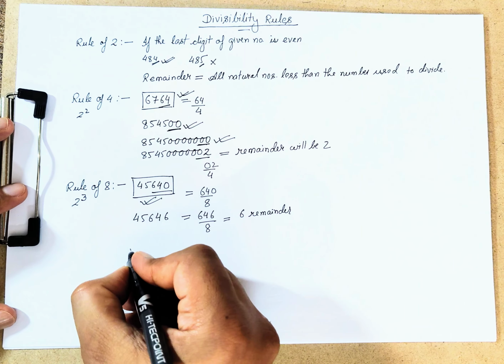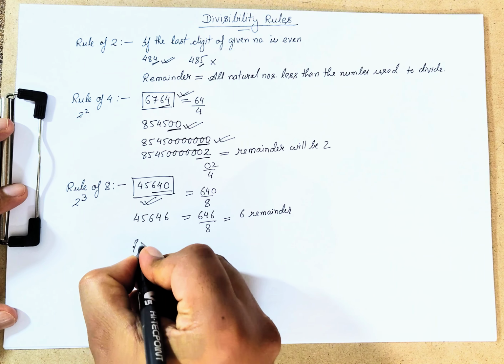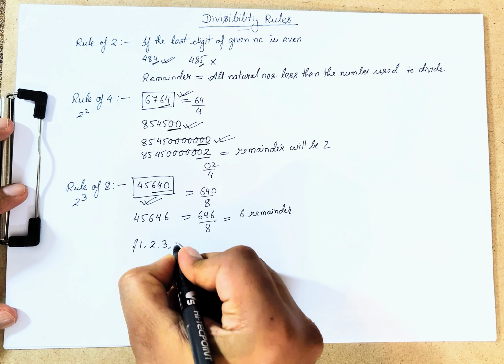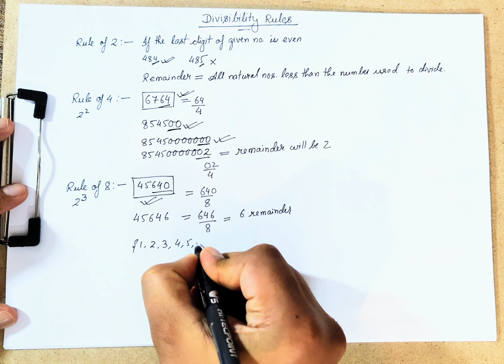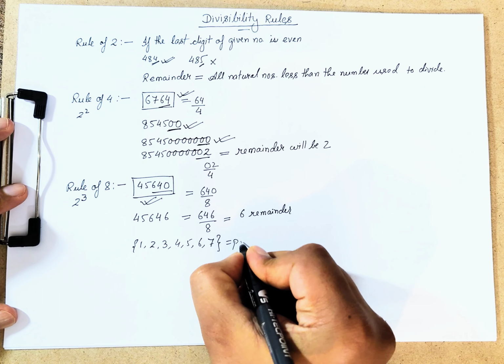Now what are the possible values of remainder for 8? So it can be 1, 2, 3, 4, 5, 6 and 7. These are the possible values of remainder for 8.